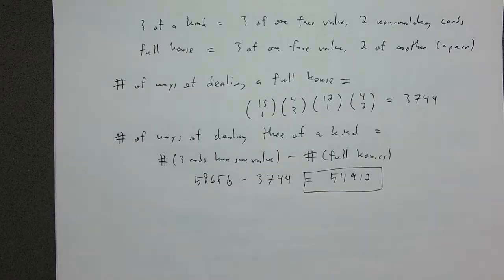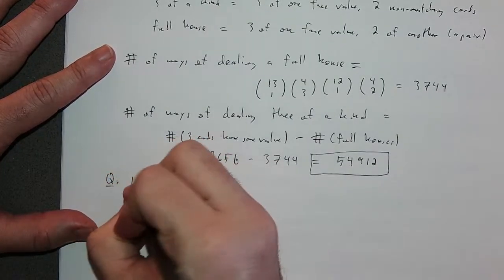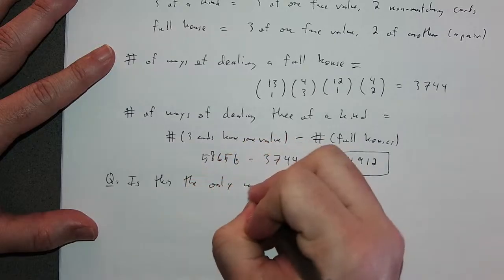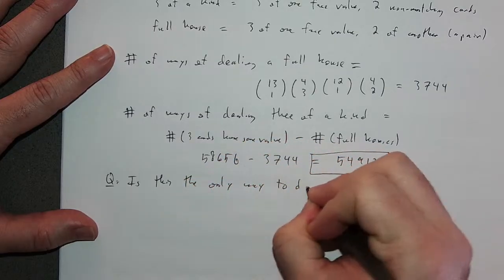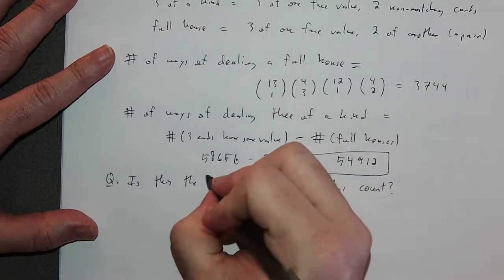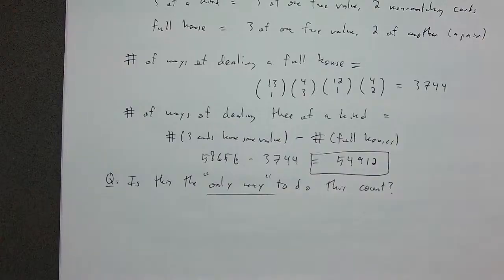Now, quick question, is this the only way to do this count? Now, I'm going to put only way in quotes here because, of course, you might say, well, if you're claiming the count is correct, then obviously any other supposed way of counting has to at least match the number.